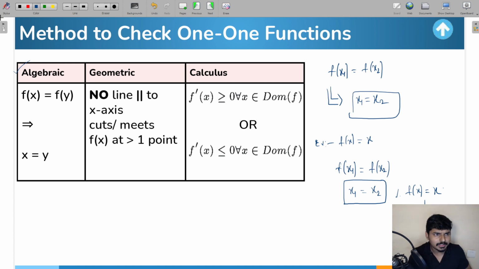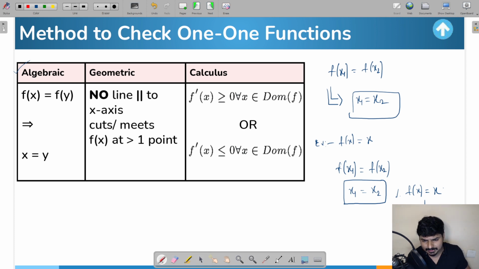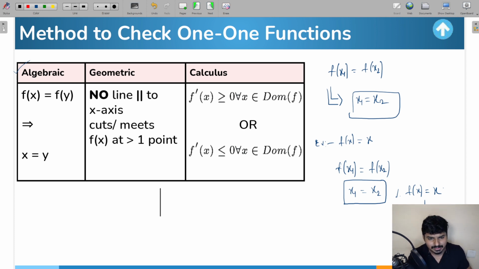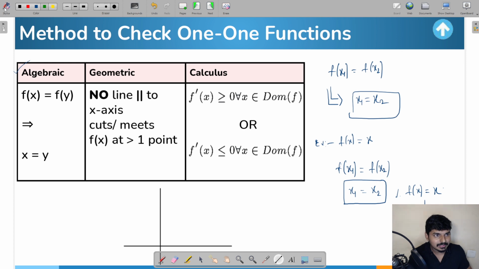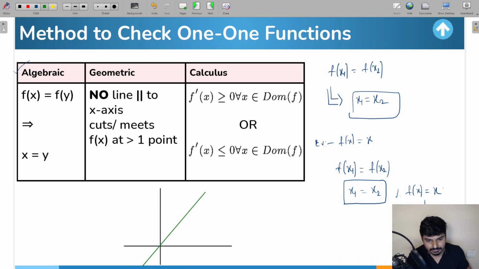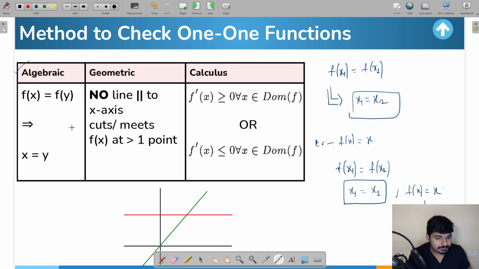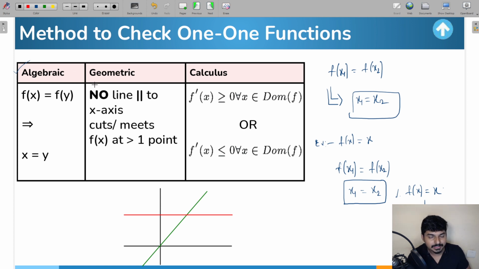The same example you take here. f of x is equal to x is given, right? So let us say the graph of f of x is equal to x is going to be something like this. We can say that the graph of y is equal to x is a straight line passing through the origin. This is how the graph is going to look. Now when you draw a horizontal line, this is going to be the horizontal line, guys. You can observe the horizontal line and the graph of y is equal to x are going to intersect at only one point.